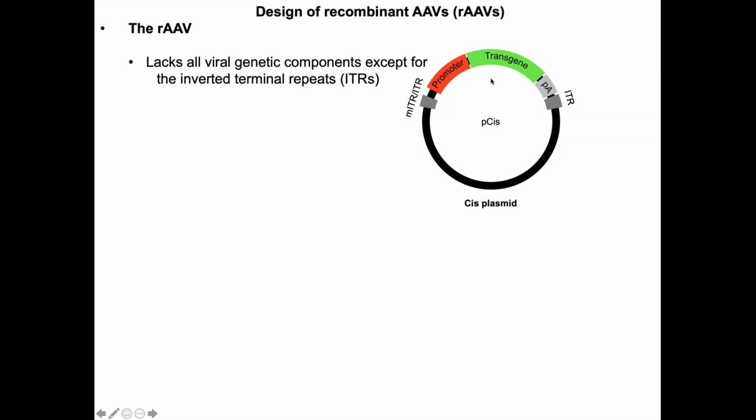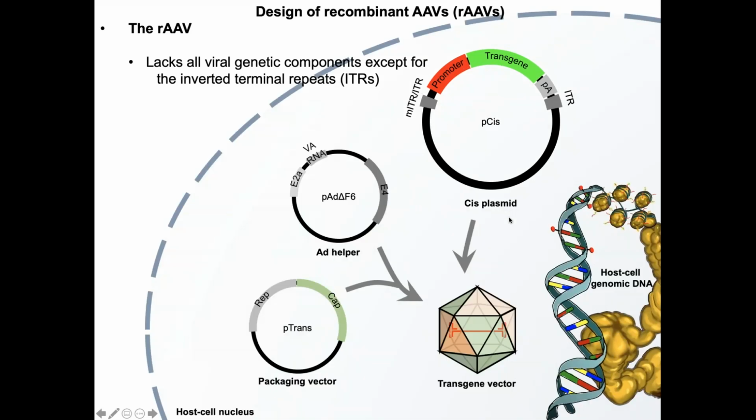any gene cassette of interest that consists of a transgene and a promoter and other auxiliary factors such as polyadenylation sequences and intronic sequences, these plasmids can then be transfected into packaging cell lines in the presence of other plasmids that can introduce central genes originating from adenovirus that are essential in kickstarting the replication and packaging of AAV.